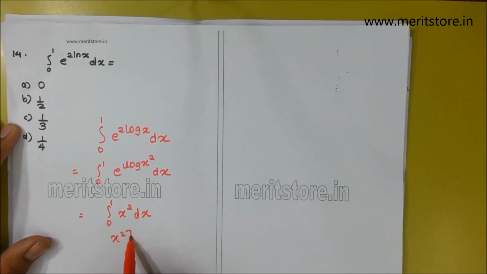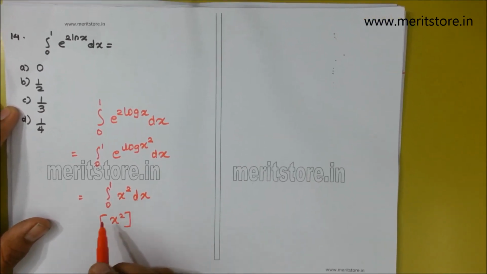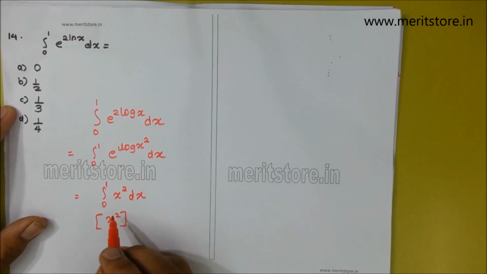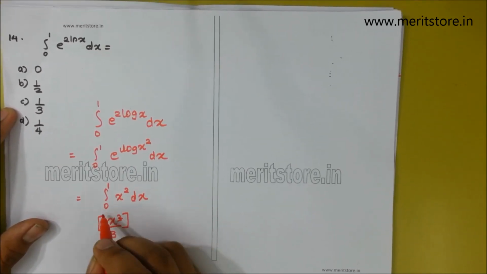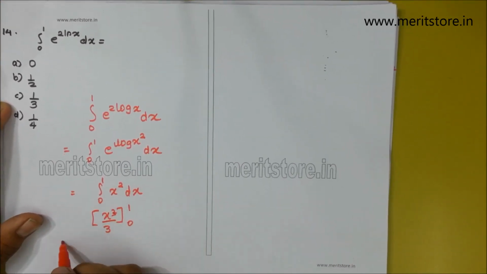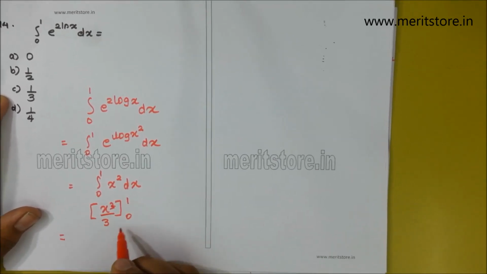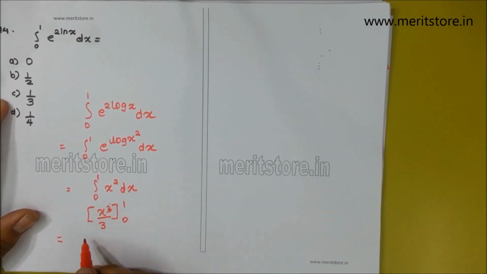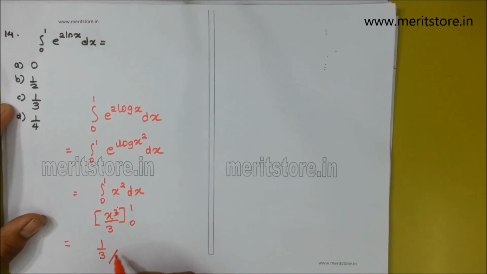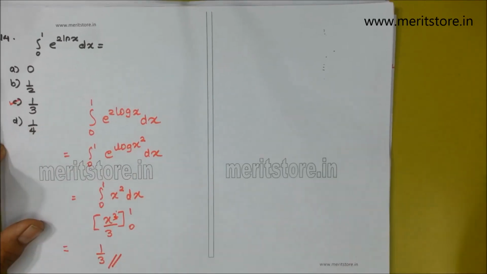So now the integration of x square will be x cube upon 3, and limits are from 0 to 1, which will give us, substituting the upper limit minus lower limit, an answer of 1 by 3. So 1 by 3 is the correct answer. So option C is the correct answer.